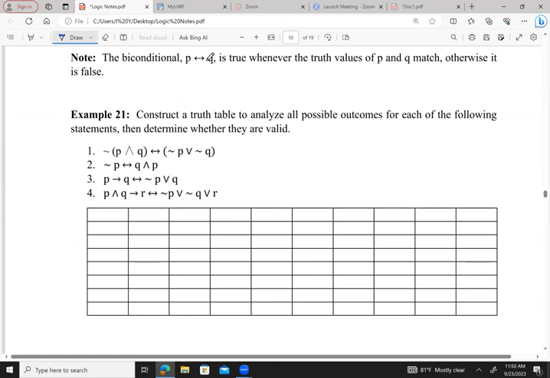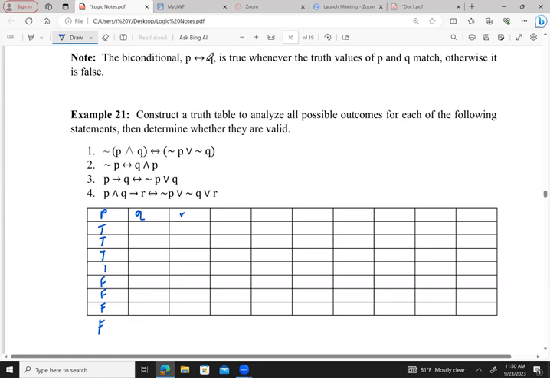So again, we're going to put all these four together into one truth table here. And I have three, so I have P, Q, and R. And the easiest way to do this is the standard listing: true, true, true, true, false, false, false, false.